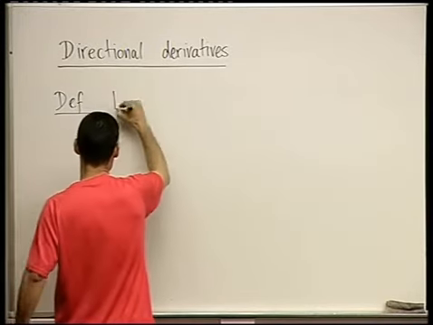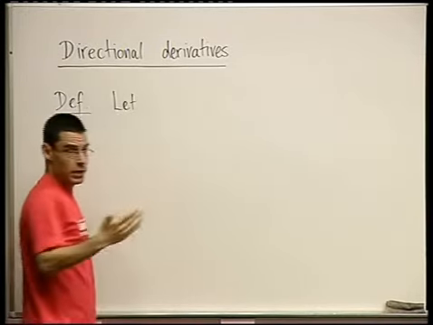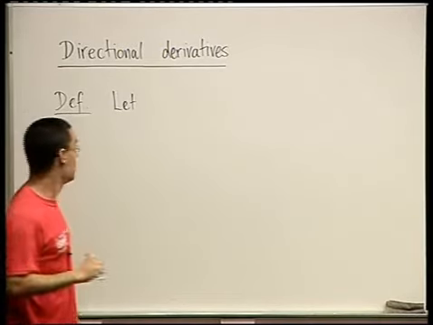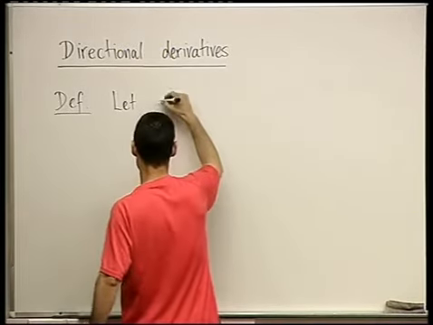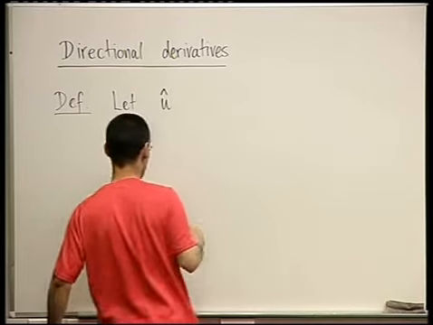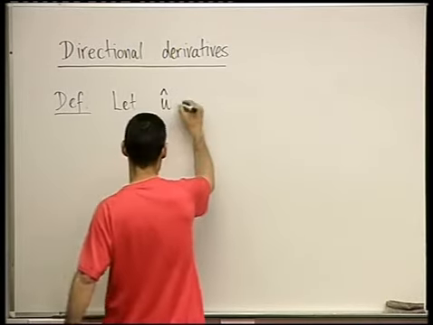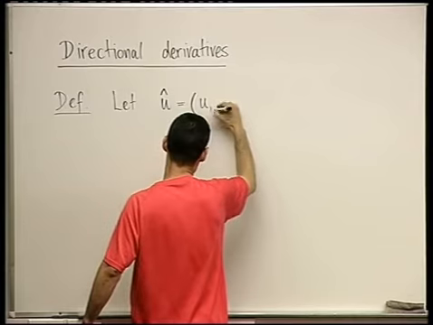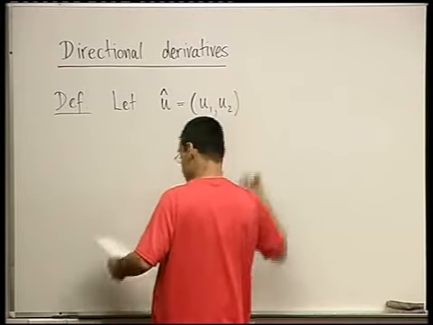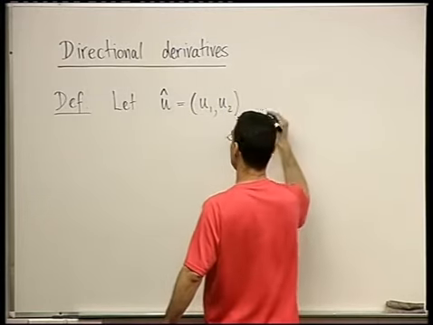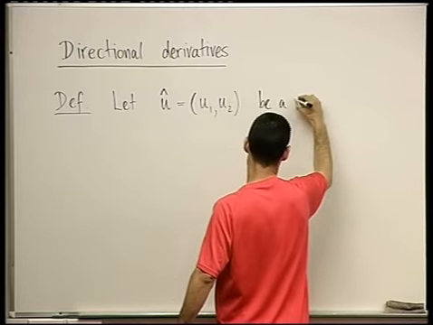So the first thing you want to do is prescribe a direction. Okay? So that's going to be done using a unit vector, which we're going to denote by u. U hat means it's a unit vector. So let u = (u1, u2) be a unit vector.